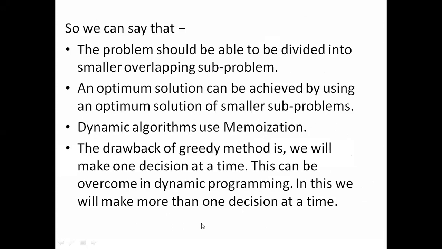The problem should be able to be divided into smaller overlapping subproblems, and an optimal solution can be achieved. For each subproblem, we have to find the best optimal solution of the smaller subproblems.